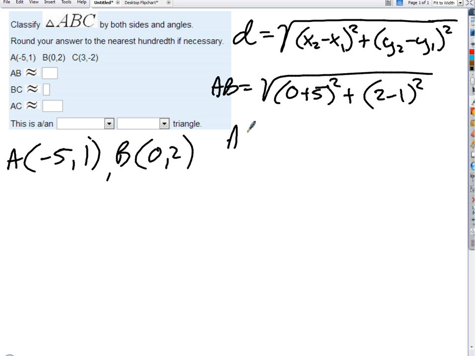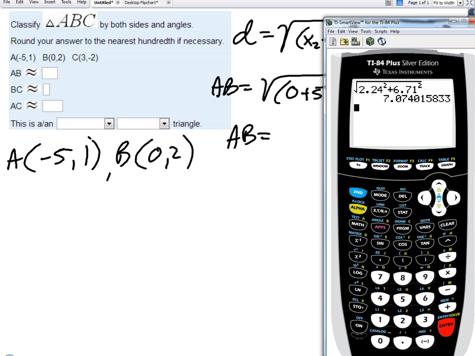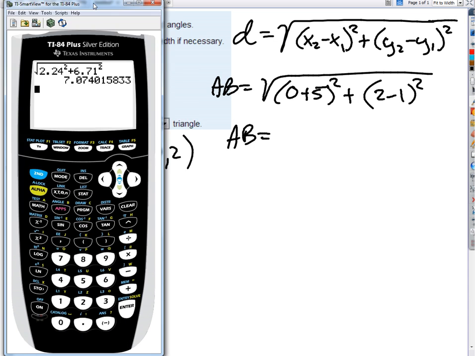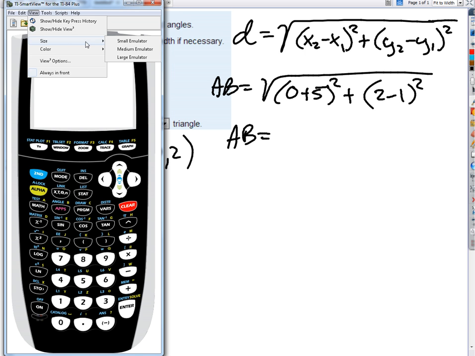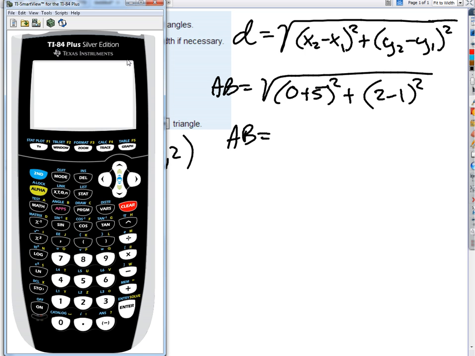Okay, and so then if I do that on my calculator, let's see what we get. I get the square root of 5 squared plus 2 minus 1, which is just 1 squared. So 26, that makes sense? 5 squared is 25 plus 1 is 26.